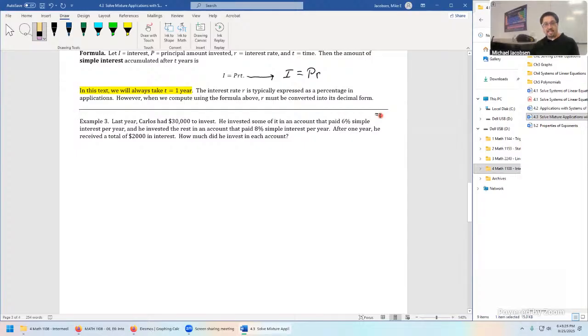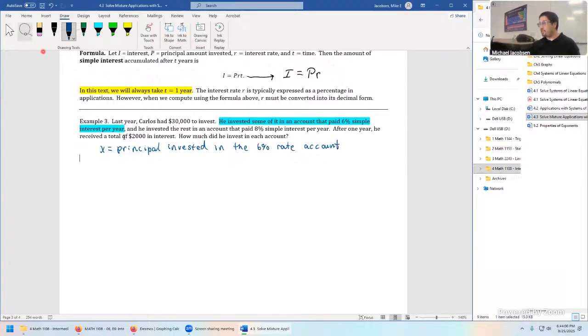First thing we need to do is break down what are the unknown quantities. We were told he invested some of the $30,000 into an account paying 6%, and that will be our first quantity. Let's call it X once again. X equals principal invested in the 6% rate account.